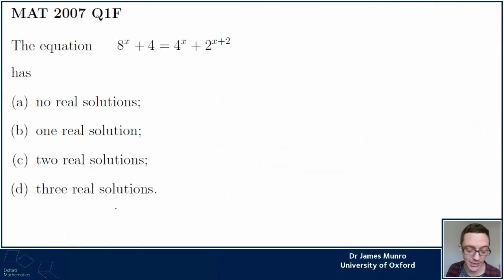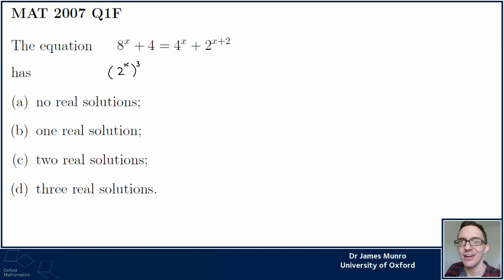Here's a different way of getting into the question, which I've seen some people talking about in chat, which is to think about this in terms of powers of 2. Some people in the chat have said I can turn 8 to the x into 2 to the 3x, or even 2 to the x cubed, because that's what this means.